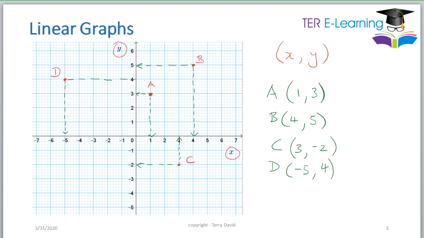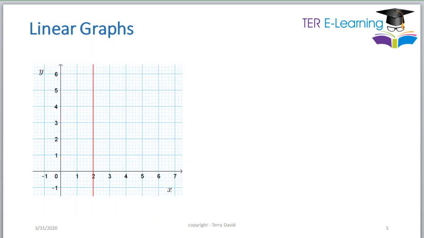All right? Now, this topic we're talking about here is trying to graph linear functions, right? Now, let's look at something here. We have a Cartesian plane here, and we have a straight line. That's a red line that we are seeing here, right? That straight line has an equation, and that equation is given by x is equal to 2, right?